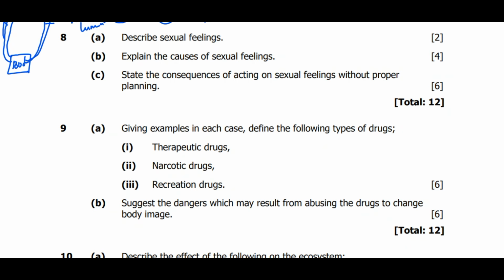Describe sexual feelings. Sexual feelings are just the urge, the urge of wanting emotional satisfaction. That is what we can describe as sexual feelings, like the pleasure for the body.